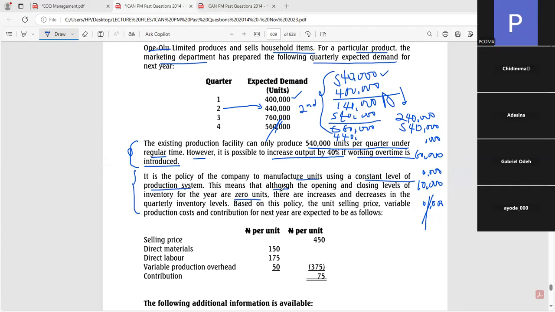This means that although the opening and closing level of inventory for the year are 0 units, there are increases and decreases in the quarterly inventory levels.